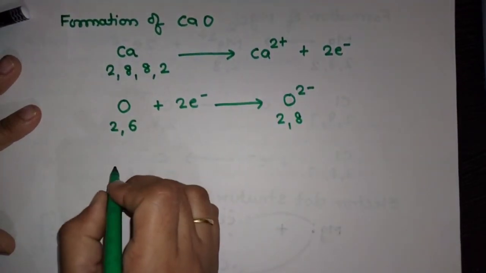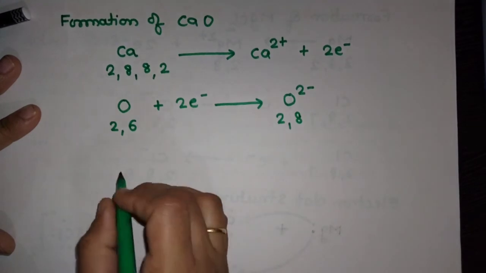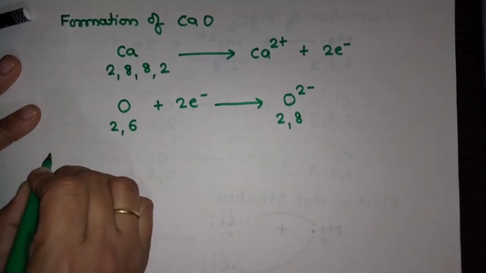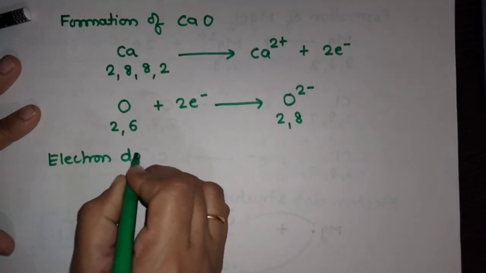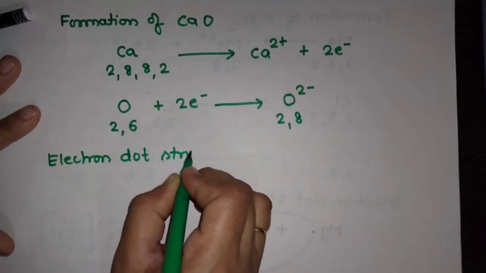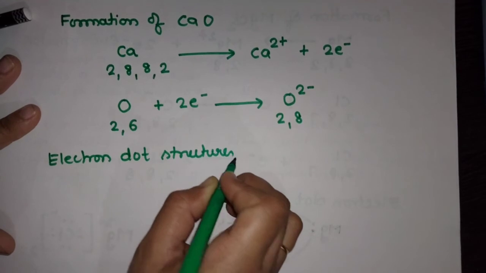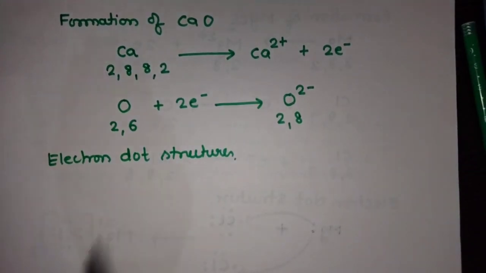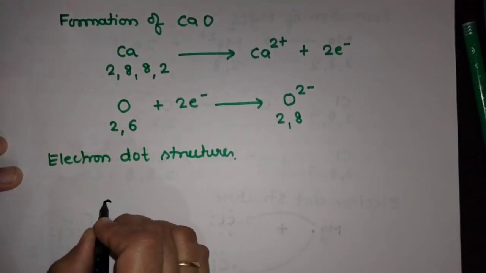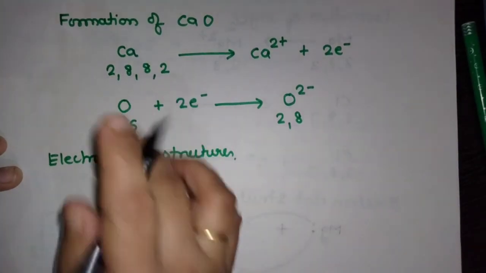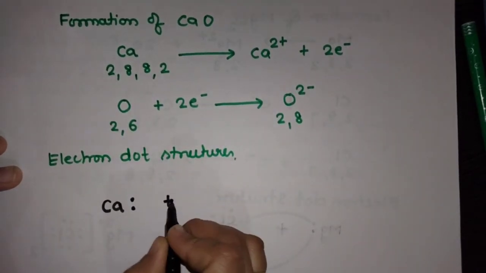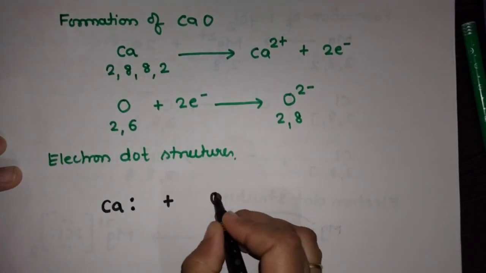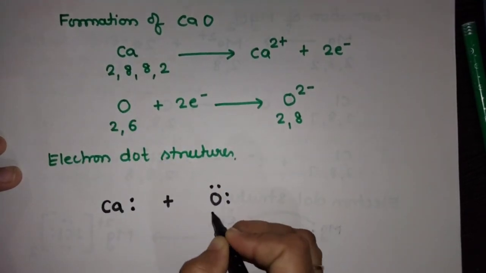Now how will the electron dot structure be formed? If you see calcium, 2, so we'll write 2 electrons. What about oxygen? 6, so we'll write 6 electrons: 1, 2, 3, 4, 5, 6.